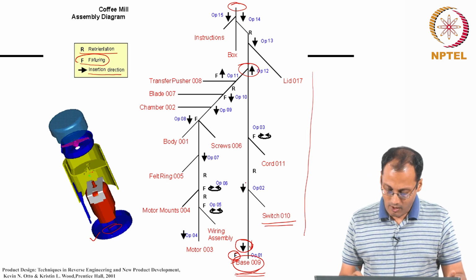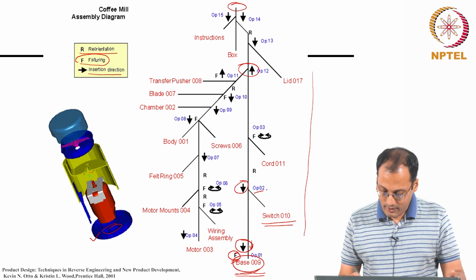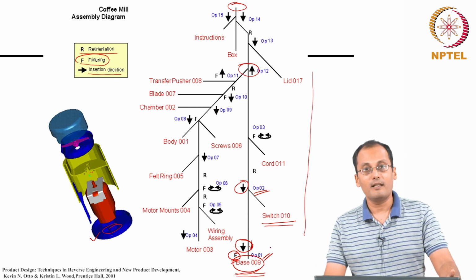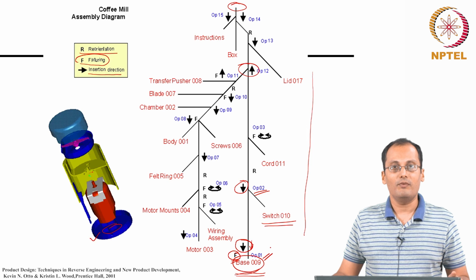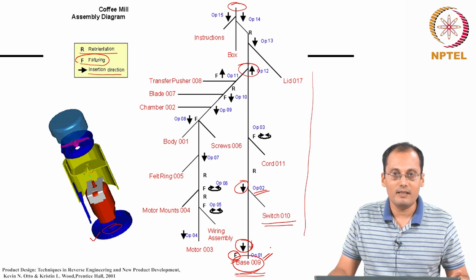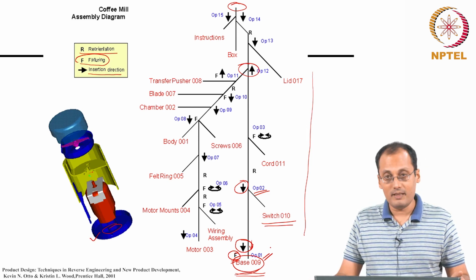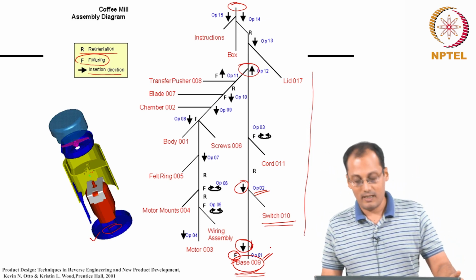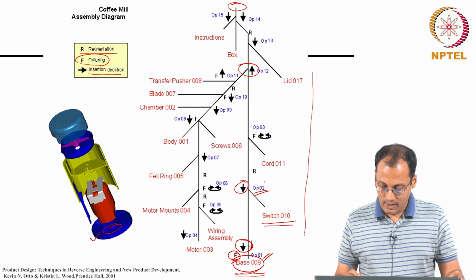Then the switch is brought. So, these operations can be named and one can assign the attributes. If I would like to represent it as a table, I would like to put the assembly sequence or the assembly number, and I would like to write down the corresponding attributes for the assembly.